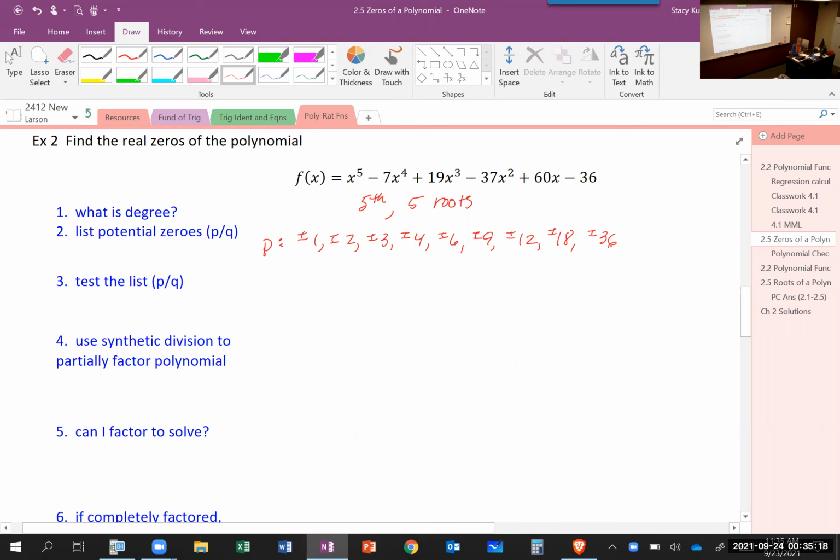Wow, it's a lot. Q, however, only has plus or minus 1. I always like that because then the potential list of p over q is simply all the p's. So it looks like a lot, but it's not as bad as you think.